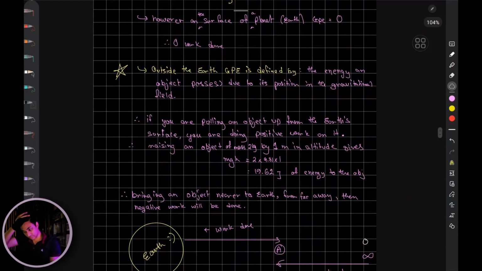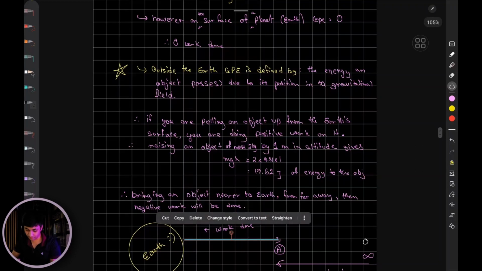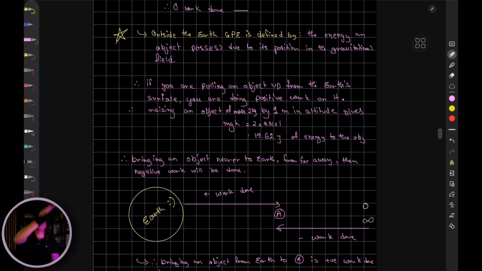Now, let's say from the surface of Earth, you are lifting this object up, you're doing work on the object. You're putting energy into the object for it to be lifted up by any change in distance. The heavier the object, the greater amount of energy you need.